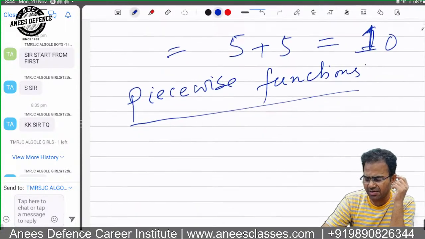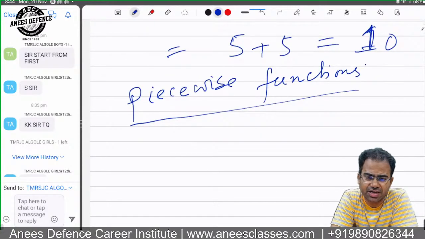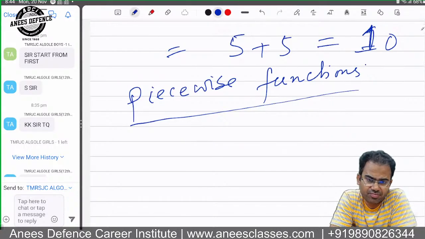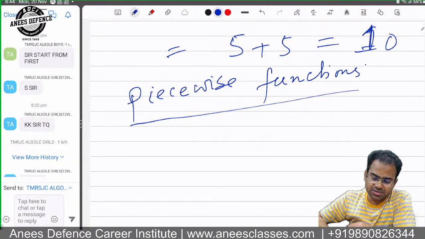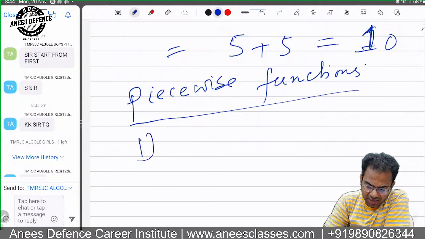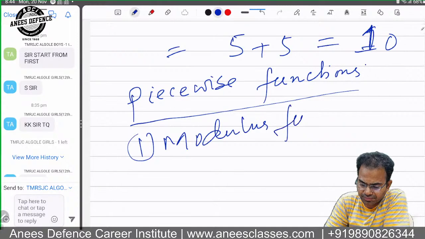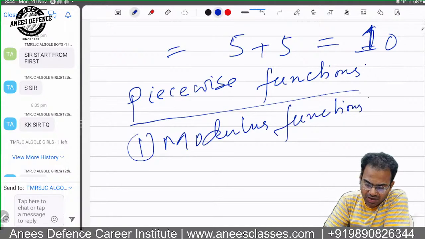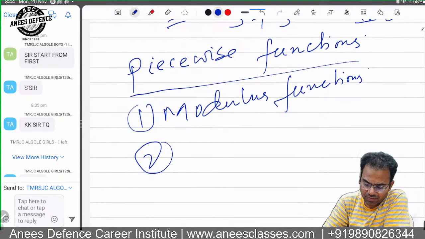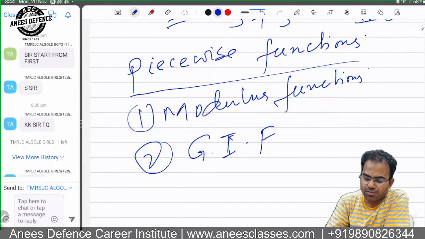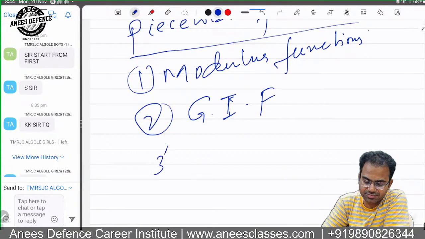Which functions are piecewise functions? I will tell you. The modulus function is a piecewise function. Number 2, greatest integer function.